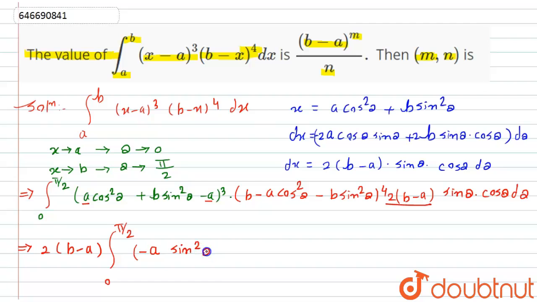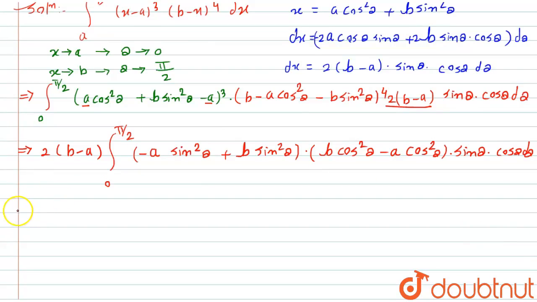So this will simply become sin square theta. Then b sin square theta remains as it is; if we take b as common, it will become 1 minus sin square theta, which is nothing but cos square theta. So it will become b cos square theta minus a cos square theta, into sin theta cos theta d theta.